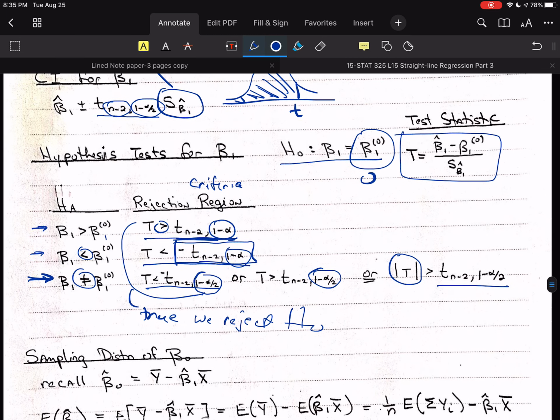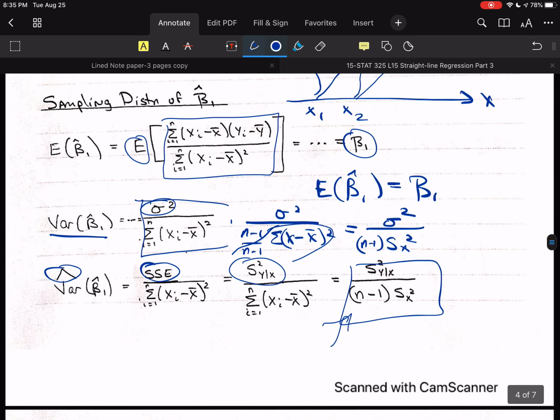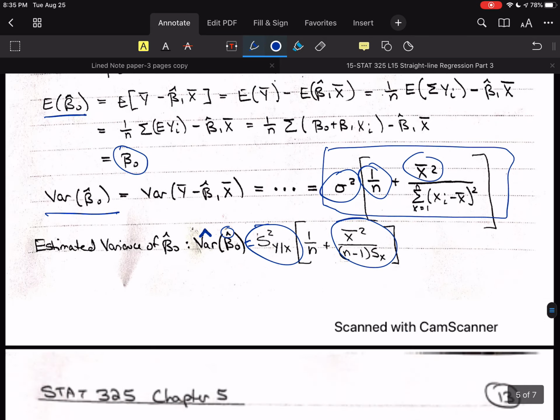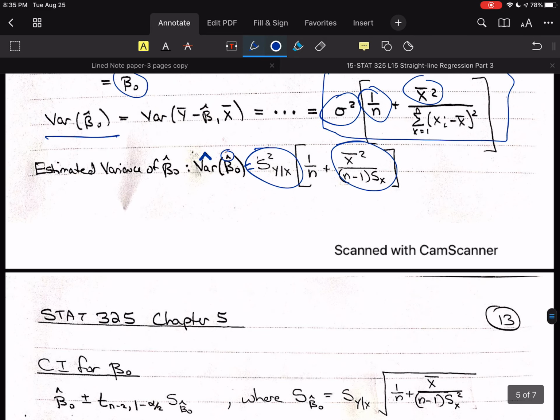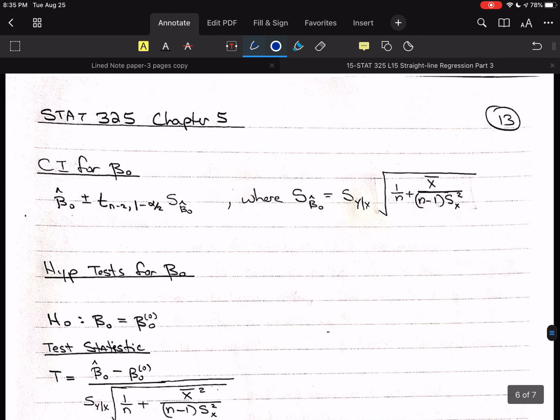Okay, so I misspoke up here. Yes, okay, never mind. That's good. All right, so now we have our estimated variance, and we can perform our confidence interval for beta naught, the slope, or not the slope, the intercept. And so we can perform or calculate a confidence interval.